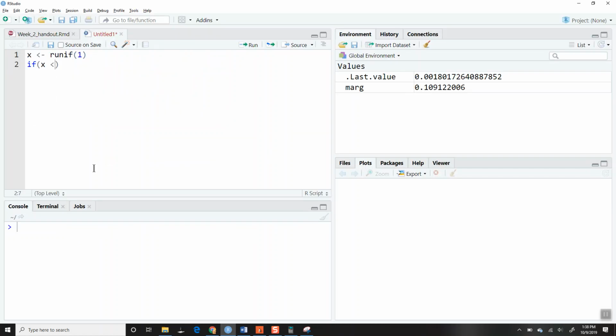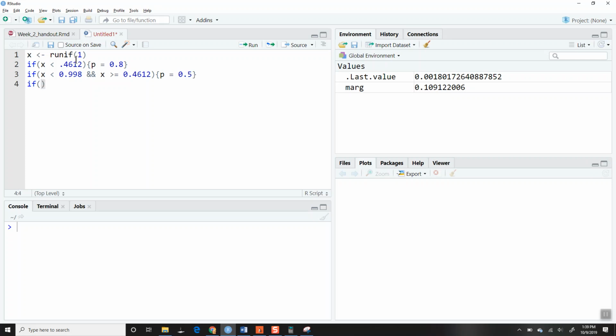So you can say if x is less than, what was my first number, 0.4612, then p will equal 0.8. Next, if x is less than 0.998 and x is greater than, maybe I have to do greater than or equal, 0.4612, then p equals 0.5.